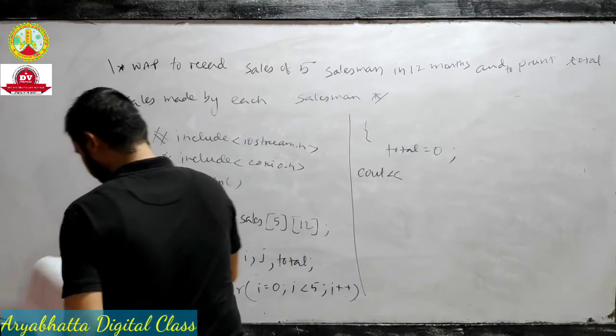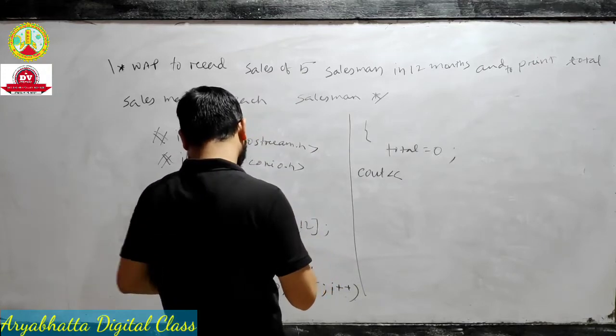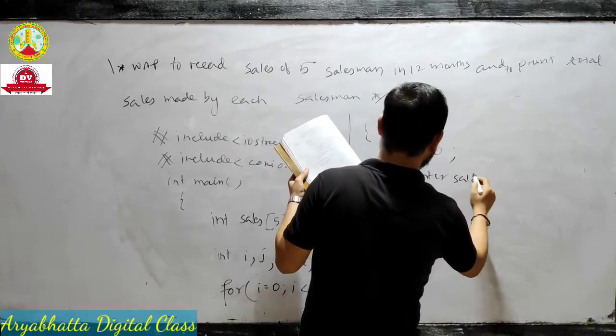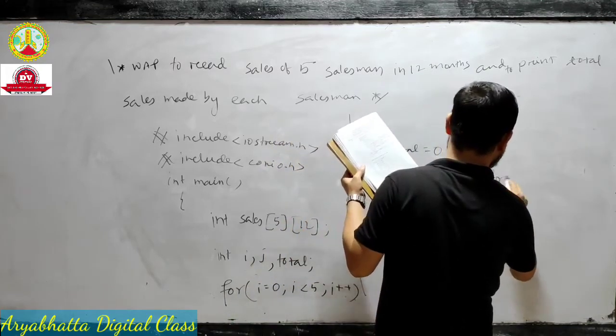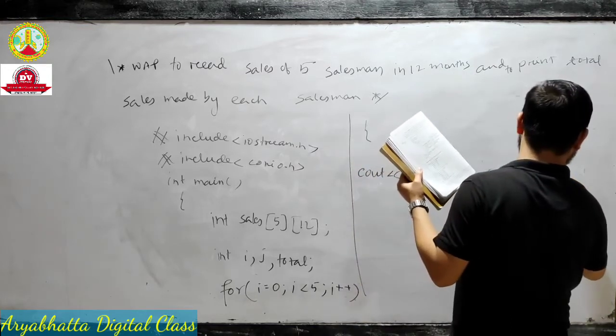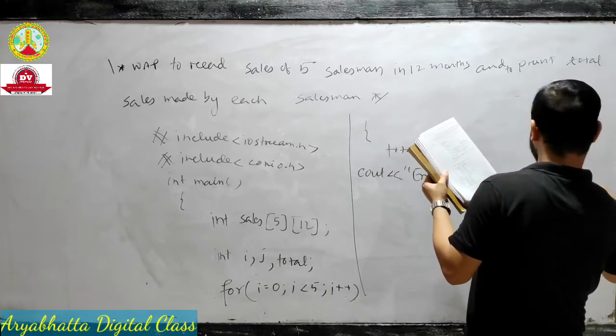Enter, you just write down: enter sales for salesman i plus 1.